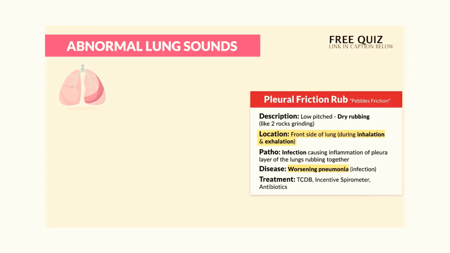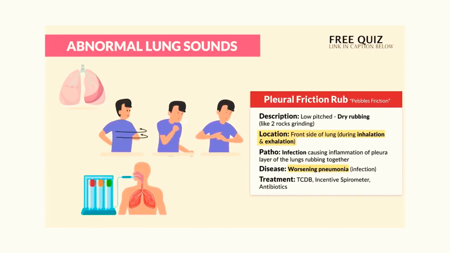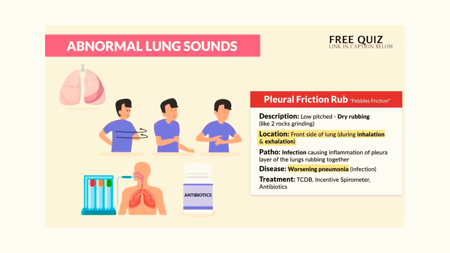Now, the key treatment is TCDB, that turn, cough, and deep breathe, to cough out all that infection, as well as use of the IS, incentive spirometer, and antibiotics. This pleural rub can be heard because of inflamed pleura rubbing against each other, and it is generally associated with pleuritic chest pain and lower tenderness.